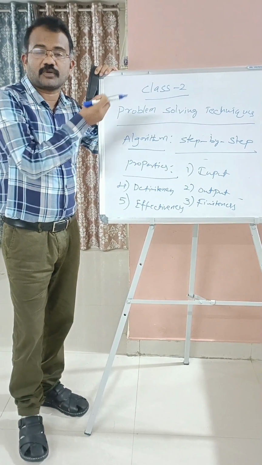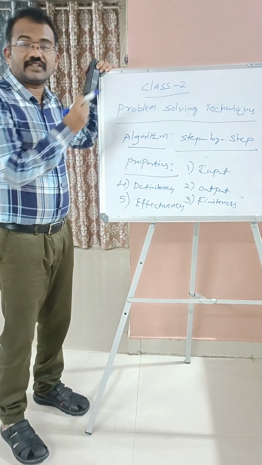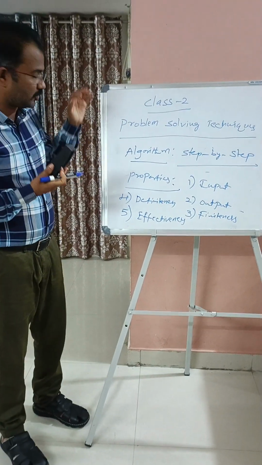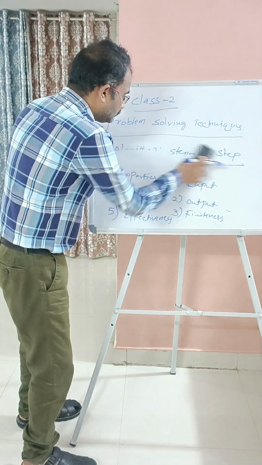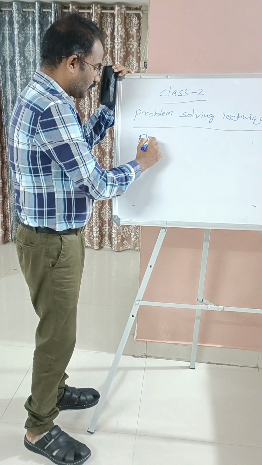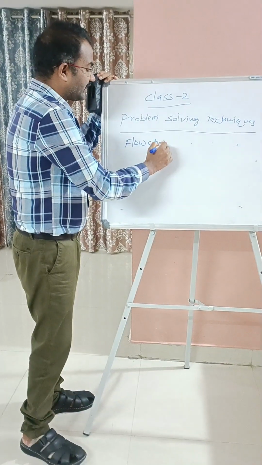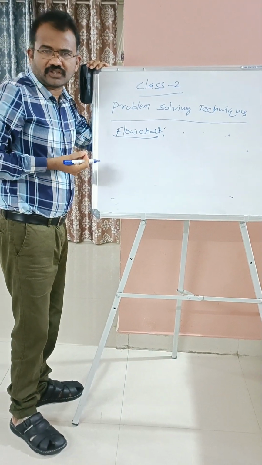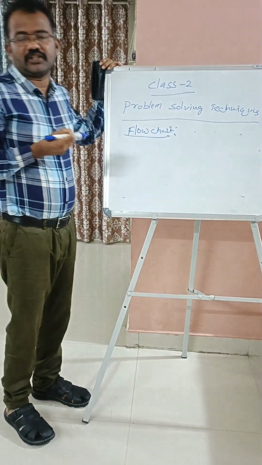So this is the first problem solving technique. Now what is the second problem solving technique? Flowchart. Now we have to discuss flowchart. What is a flowchart? A diagrammatic representation of an algorithm.